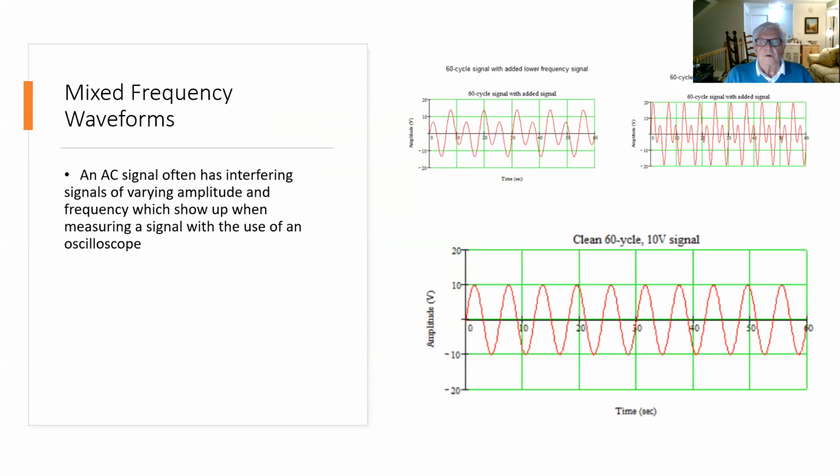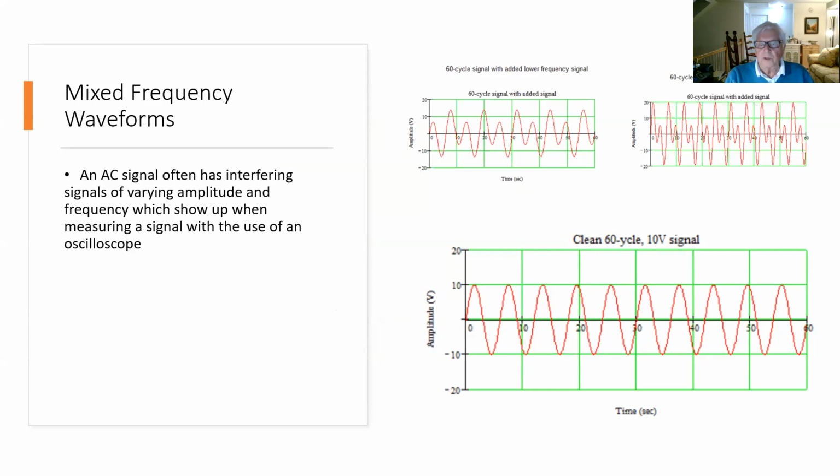We also want to consider what happens when, in many cases, we have mixed frequencies. Let's start out with a 60 cycle, 10 volt peak signal, pictured right here, and let's call this a voltage.